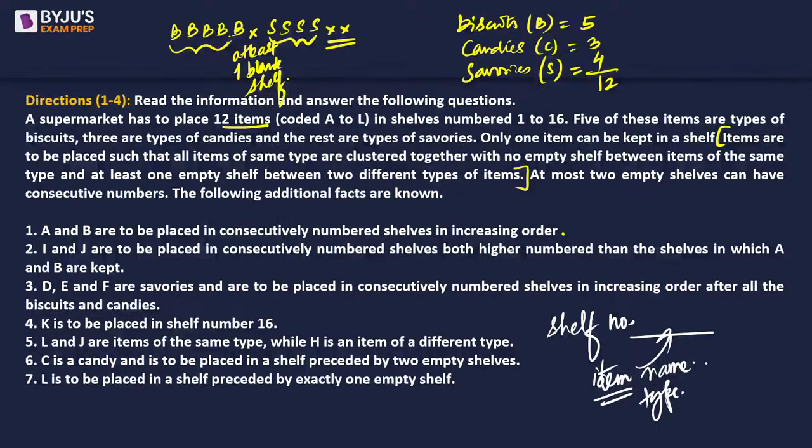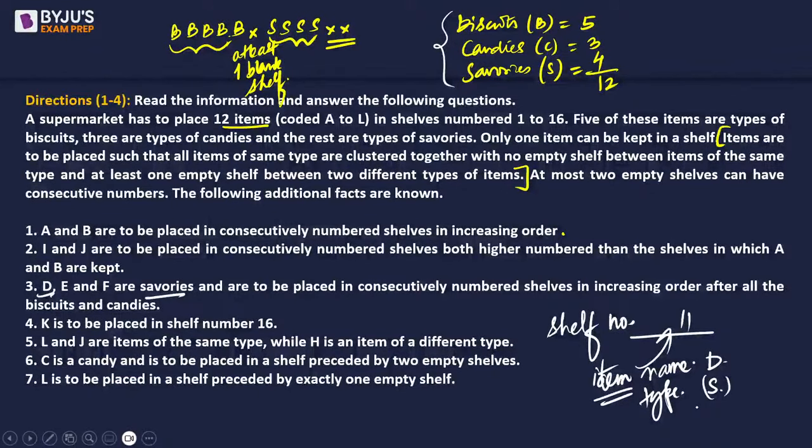For example, it says D is a savory. So if I'm going to put the item name D, its type is savory, and let's say the shelf number is 11 for this. So there are 3 attributes overall, wherein the second attribute, item, has got a name and a type.